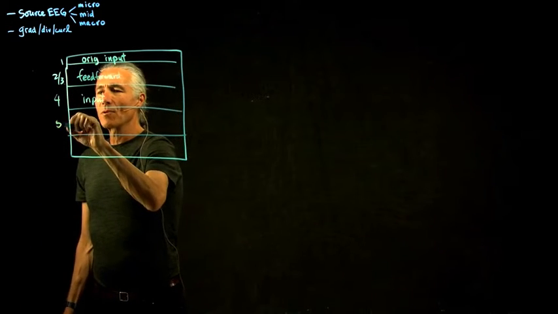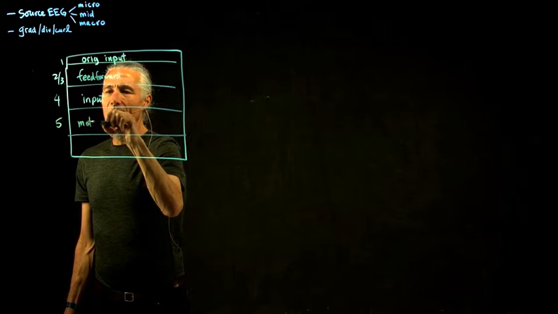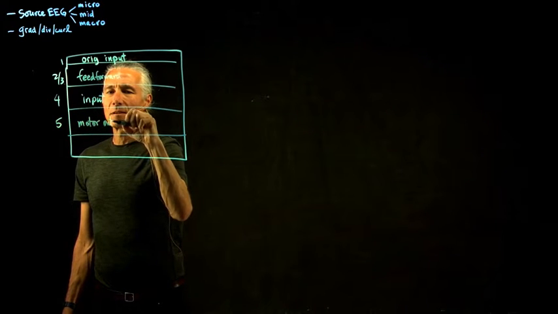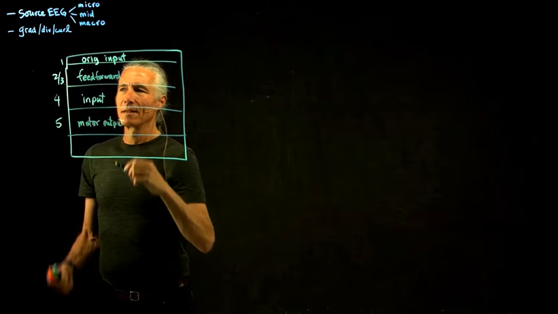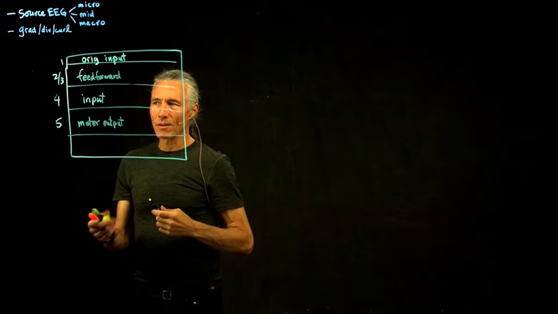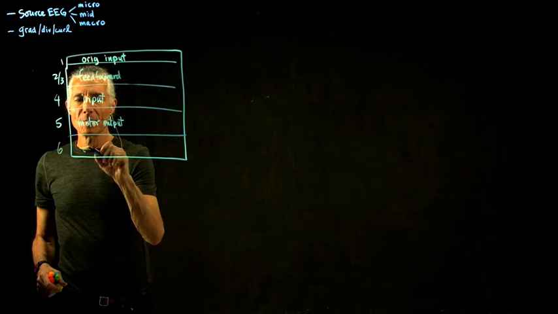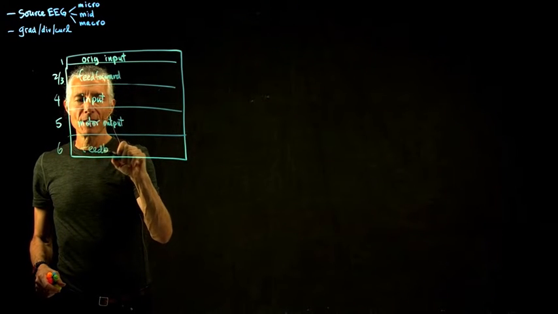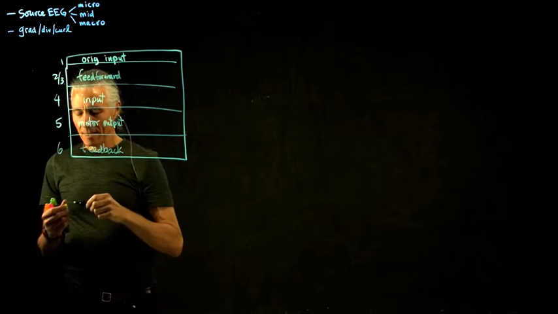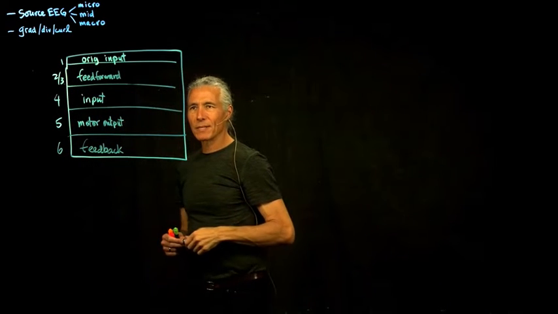Layer 5 is the motor output layer. If you look in motor cortex, the neurons that project down to the spinal cord come out of layer 5. And then layer 6 is the feedback area.